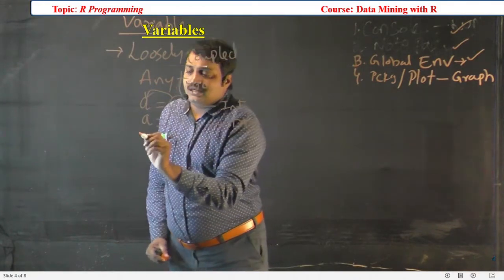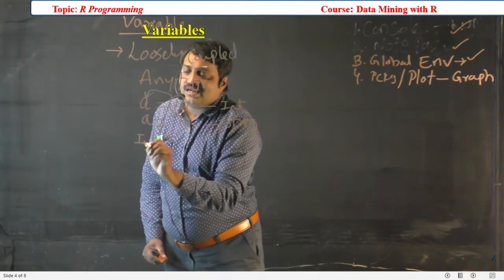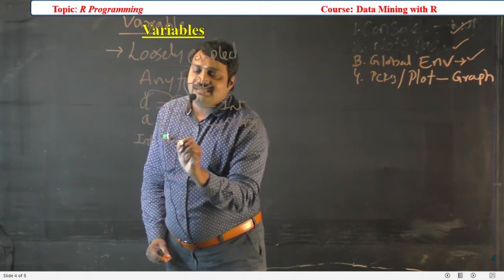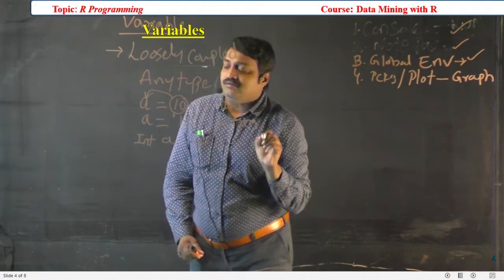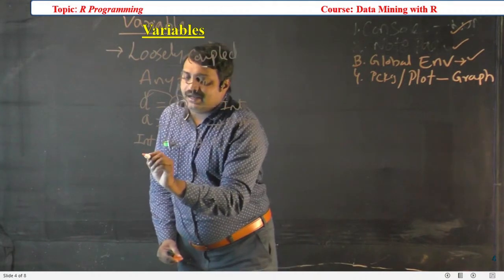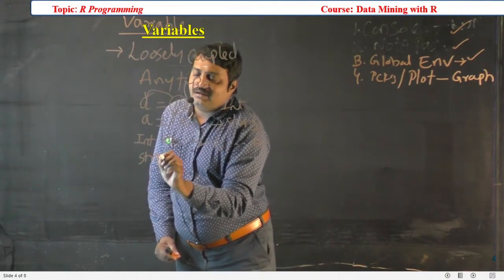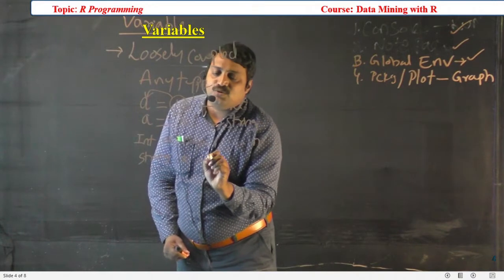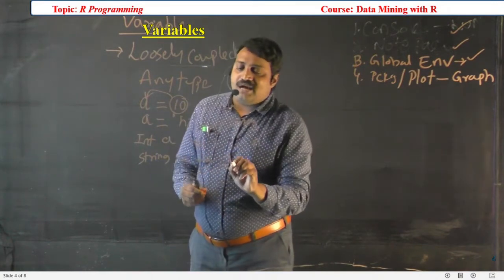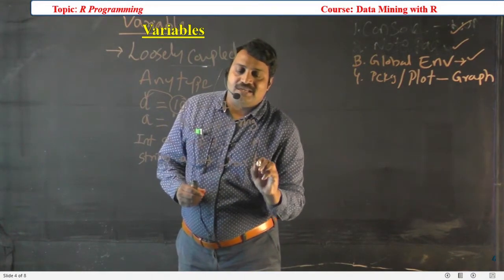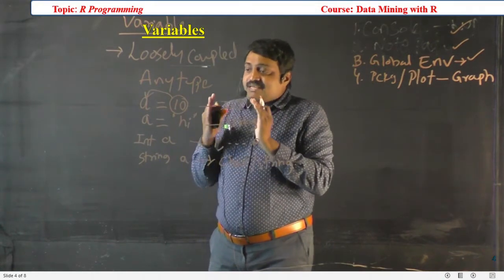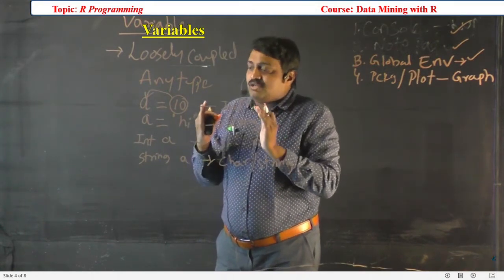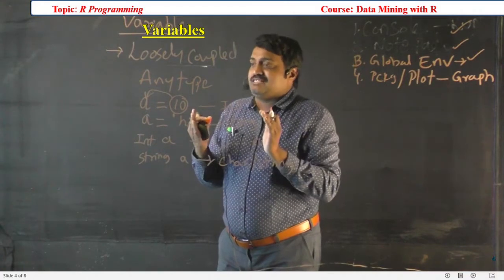In most programs we initialize int a, which means a can store only integer values. Or when I create a string type, a can store only characters or strings. So a is bounded to a particular type in other languages.